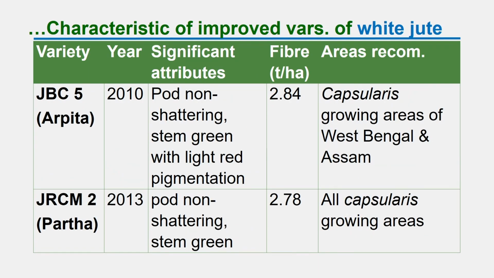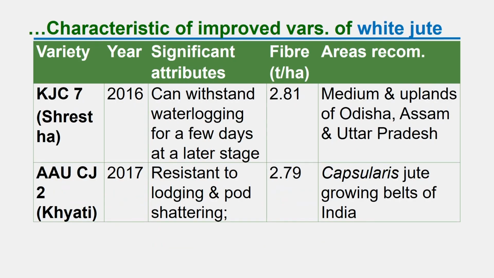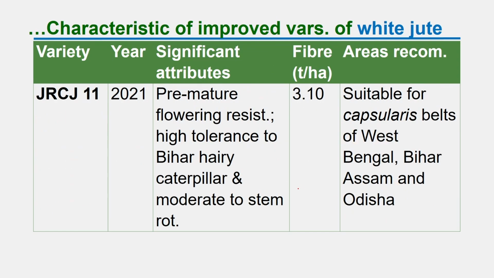And JBC 5 2010, 2.84 tons per hectare. JRCM 2 2013, 2.78 tons per hectare. And KJC 7 2016, 2.81 tons per hectare, and AAU CJ2, released in 2017, and yield potential is 2.79 tons per hectare. So, there are a large number of varieties for this white jute also.